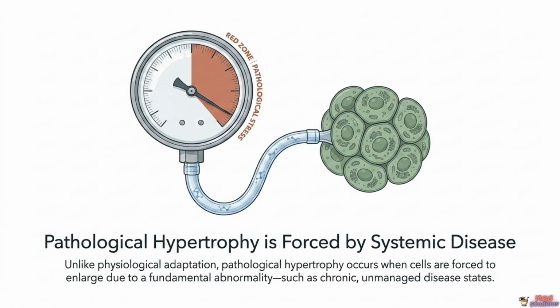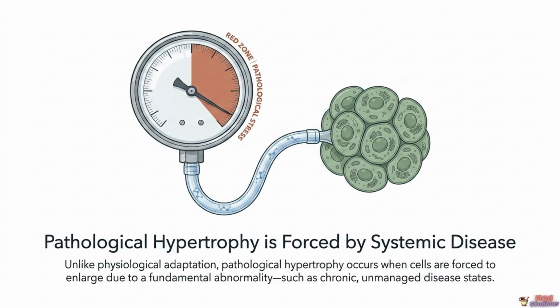And here is the critical difference in outcome. While physiological hypertrophy enhances organ function and is fully reversible, pathological hypertrophy initially maintains organ function but progressively compromises it. Over time, the pathologically hypertrophied organ becomes structurally abnormal. Its architecture is distorted. Its blood supply becomes relatively inadequate for its enlarged mass.